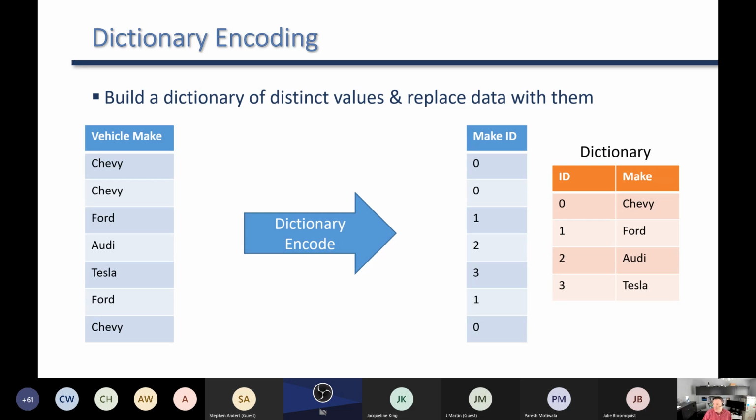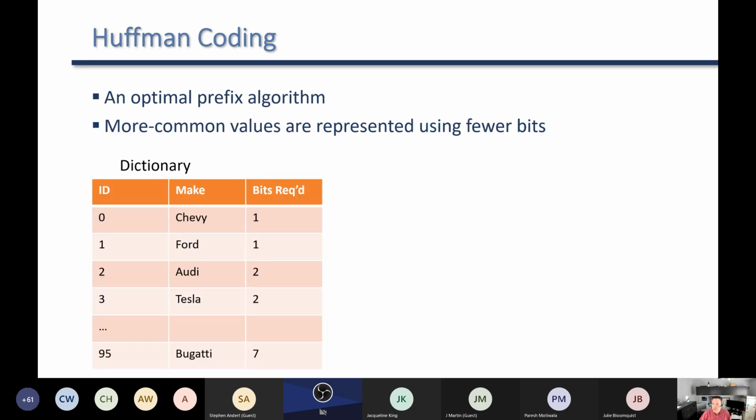I mentioned at the beginning of this presentation Huffman coding, which is an optimal prefix algorithm, so it figures out more common values and represents them by using fewer bits. Sticking with this dictionary of auto makes, maybe we would encode Chevy as an ID of 0 because there's only 1 bit required, and I believe Chevy is still the number 1 selling brand in the US overall of all vehicles.